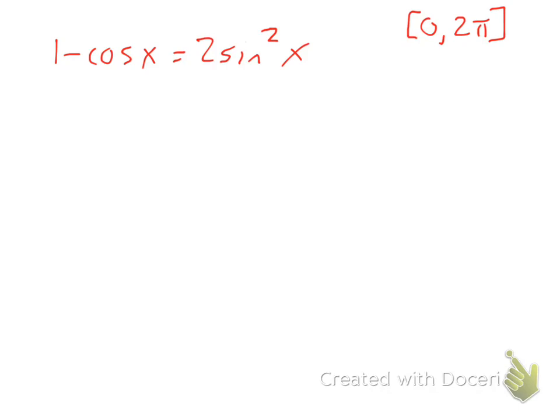So at this point, even bringing it all to one side is not going to necessarily help us. So therefore, I may have to change this. Are any of those a possibility of changing to equal something else? Possibly a cosine into a sine, or a sine into a cosine.